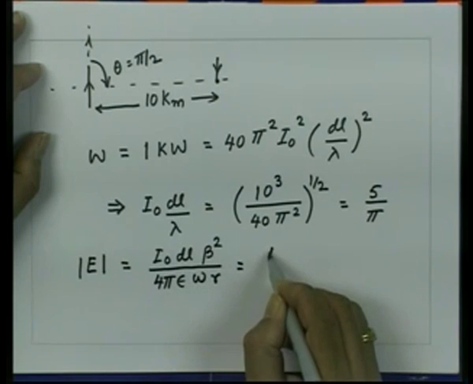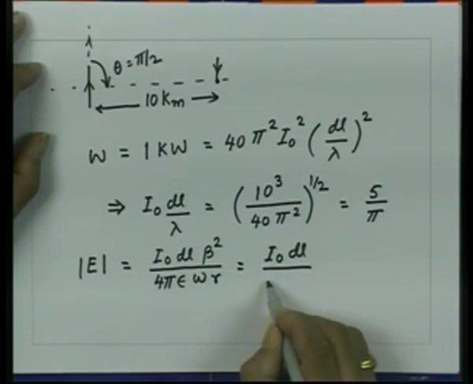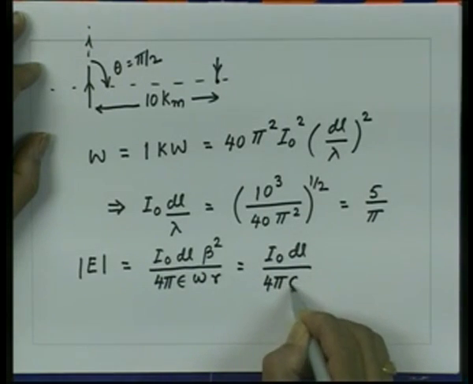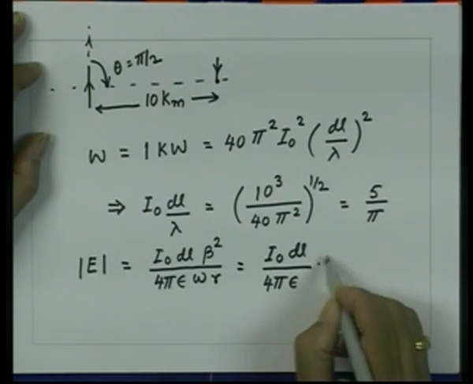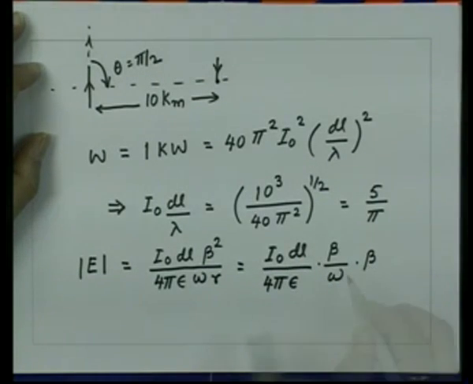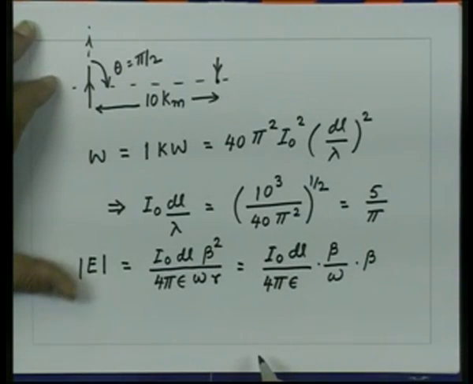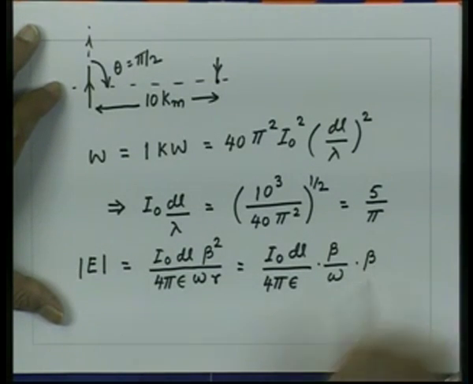So, this we can write as I0 dl upon 4 pi epsilon, we can write here beta upon omega into beta, and omega upon beta is nothing but 1 upon velocity of light, and this is 2 pi upon lambda.